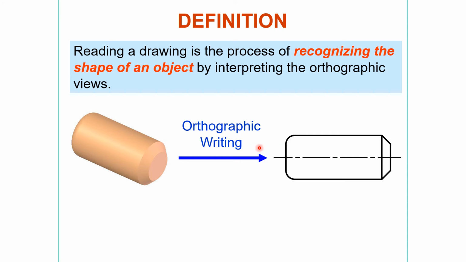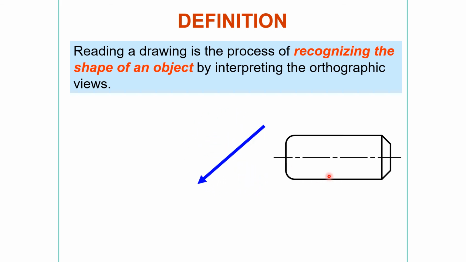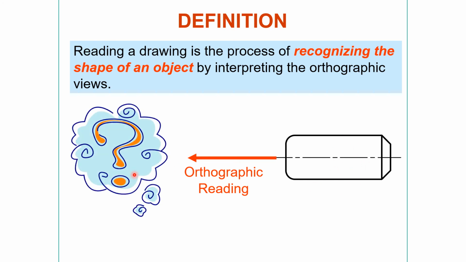So what is orthographic reading? Here, to draw the 3D object again from the multi-view drawing, the orthographic drawings, to draw back the 3D object from these 2D views, or to understand what type of shape this is, that is called orthographic reading.